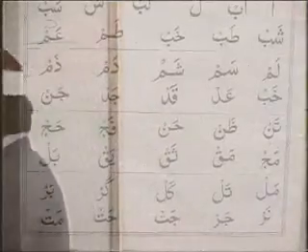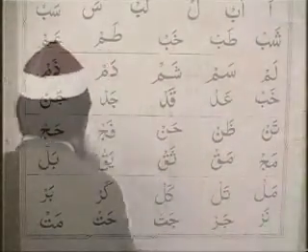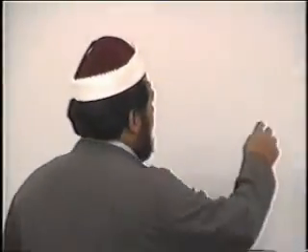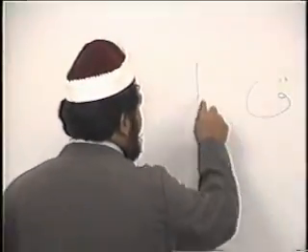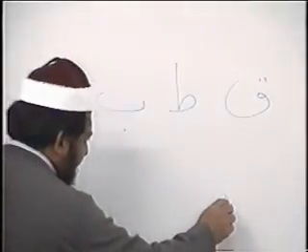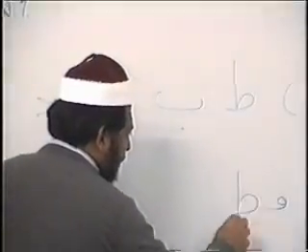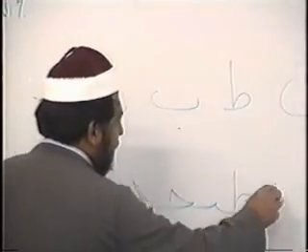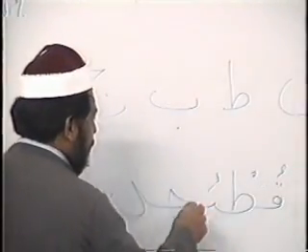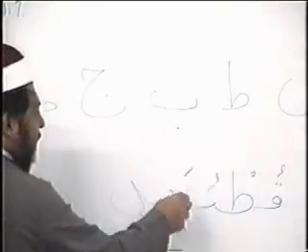Okay. Just another quick thing that you can jot down and remember. These letters: Qaf, Toy, Be, Jim, Dal. One word for them: Qutbu Jadin. If you remember this word, you will remember the rule.